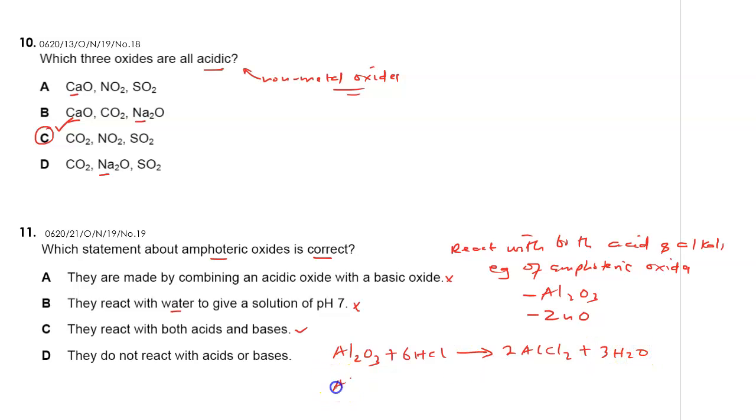The same aluminium oxide will react now with a base, sodium hydroxide, and when that happens, we get a salt. This is NaAlO2 and water. So here, this is its behavior as an acid, but here the same oxide is behaving as a base.